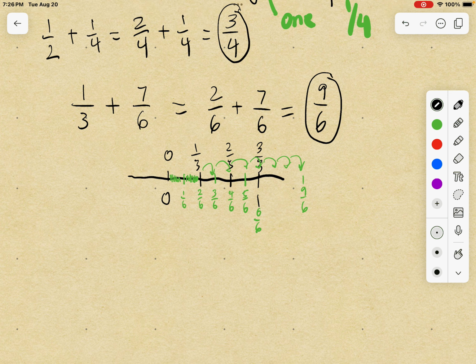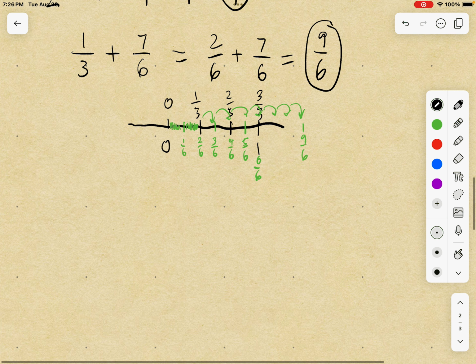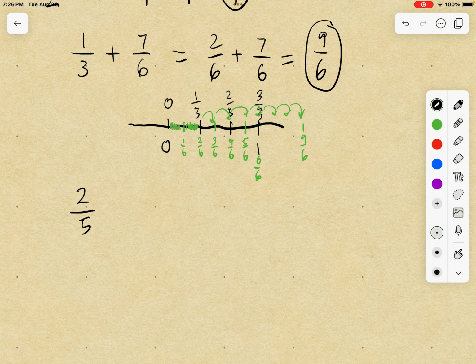Okay, let's do one that's a bit harder. So if you had 2/5 plus 9/8.